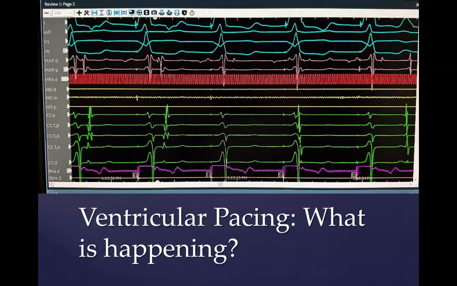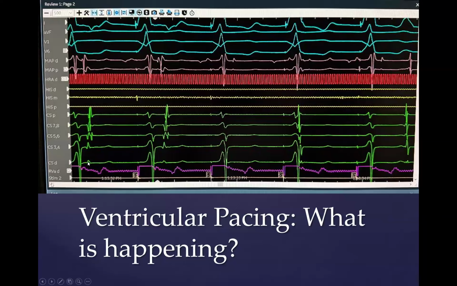So what happens as we go from this first beat on the left-hand side of the screen across? I'm looking at the A waves, and I think the earliest one is in the distal CS. So you're saying it's either distal or 3-4, right?